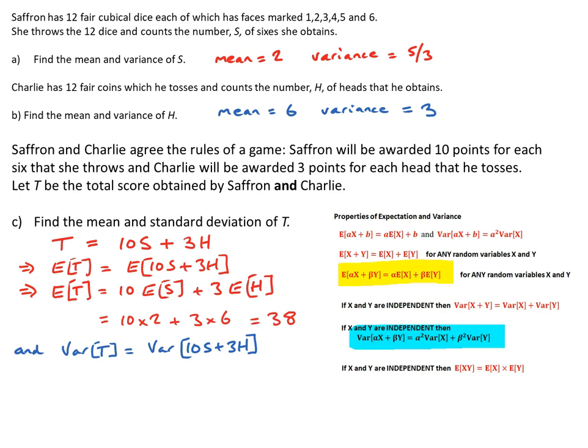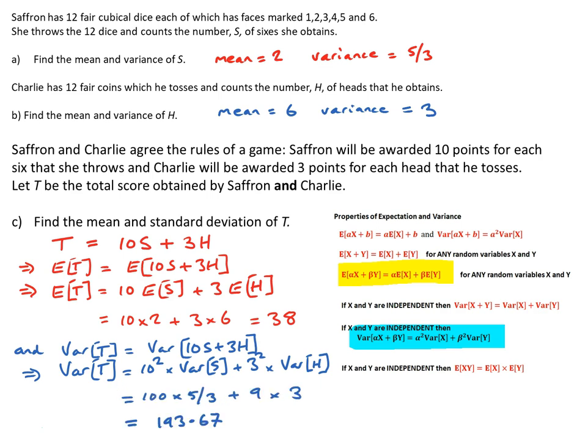So we can say that the variance of 10S plus 3H is going to be the same thing as 10 squared times the variance of S plus 3 squared times the variance of H. So that's 100 times 5 over 3 plus 9 times 3, which is 193.67.